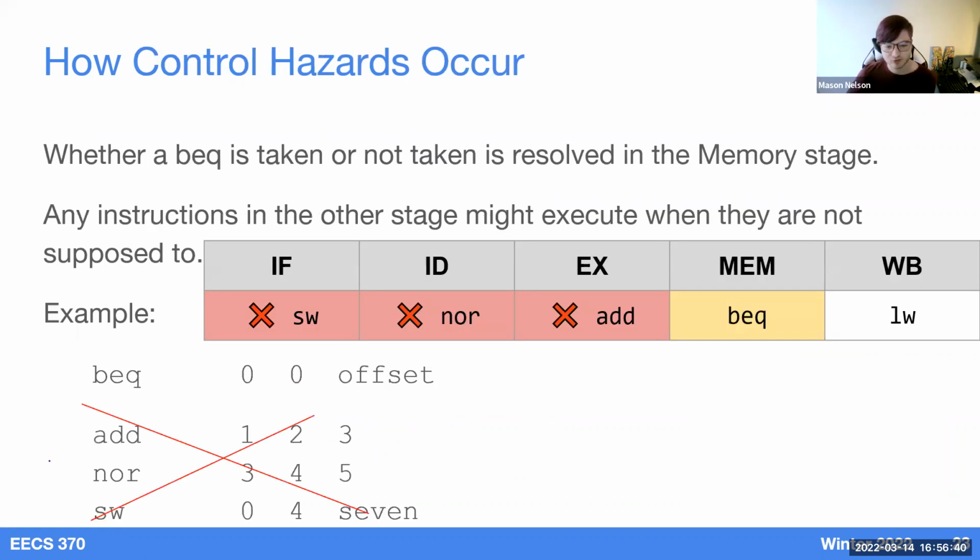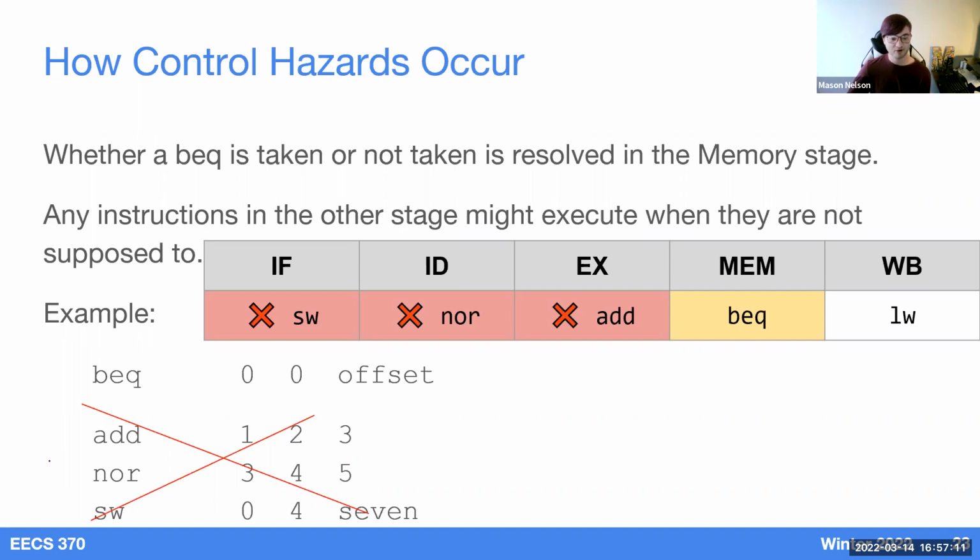The other type of hazard we might have, at least in the LC2K pipeline, is something called a control hazard. And it's this idea that, specifically for branch instructions, we might not be supposed to execute the instructions that come right after the BEQ, because the BEQ will change the PC, and instead of just going to PC+1, we have all these instructions already loaded into the pipeline that we're never supposed to execute.